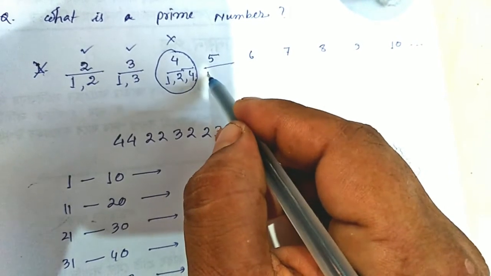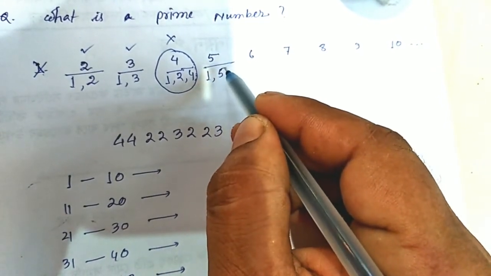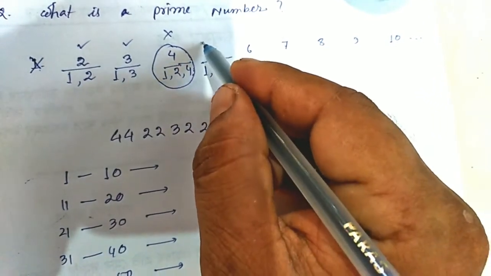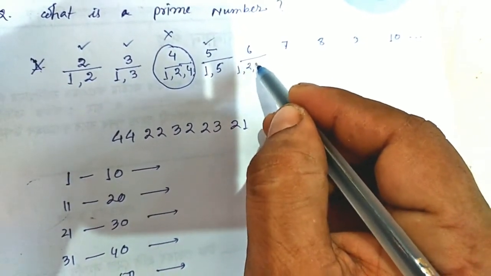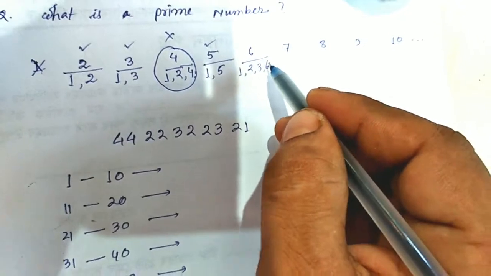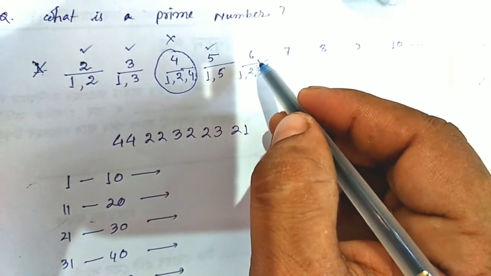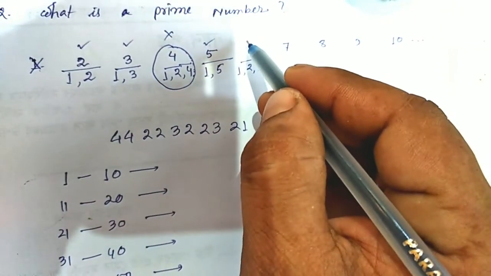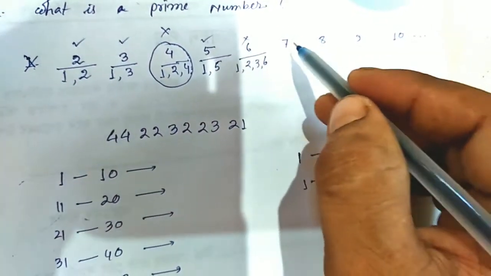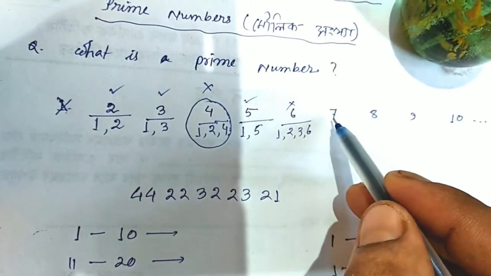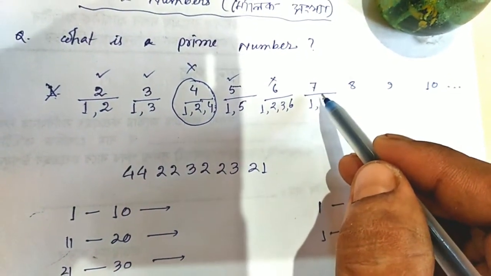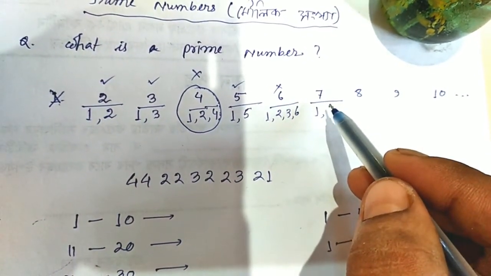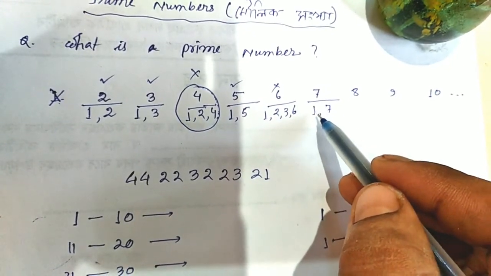5 is divisible by 1 and 5. So this is a prime number. 6 is divisible by 1, 2, 3 and 6. So this is not a prime number. Come to 7. 7 is divisible by 1 and the number itself.